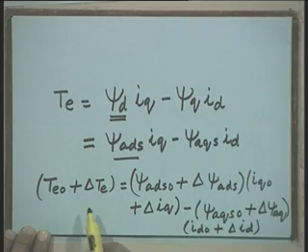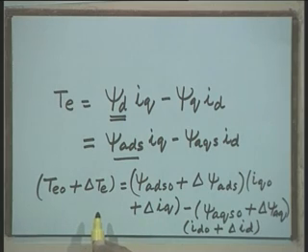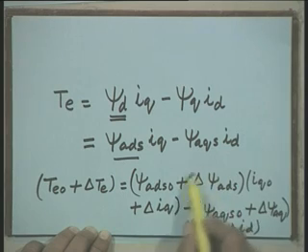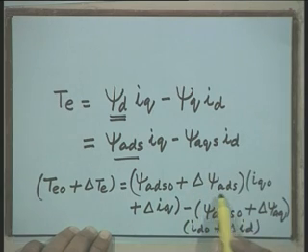And we will neglect the terms which are the product of two incremental terms. When I multiply these expressions or simplify, I will come across the term incremental change in psi AD multiplied with incremental change in current.